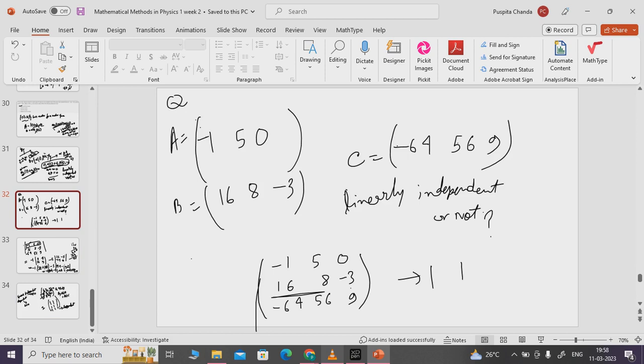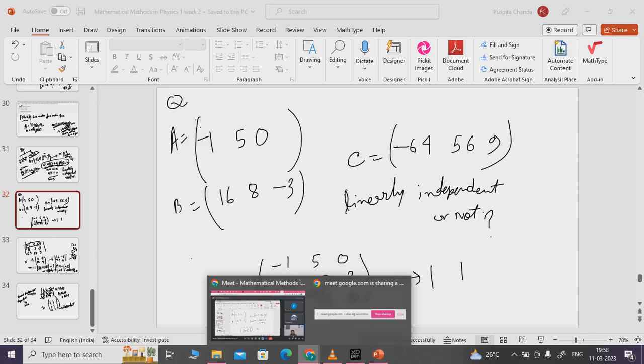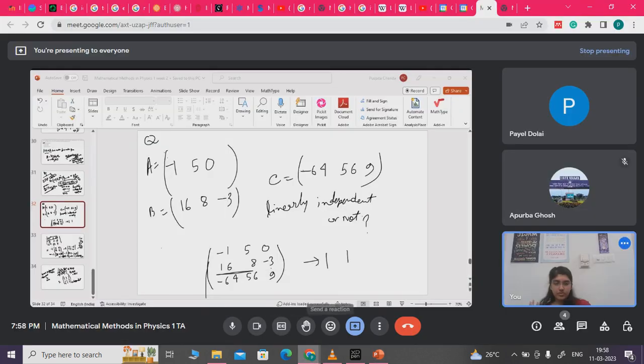But if you use those kinds of commands, it will simplify your calculation. But if thinking of those commands takes more time, then it's not worth it. Okay.